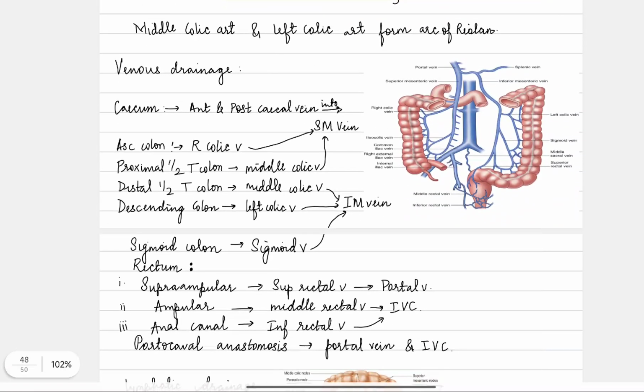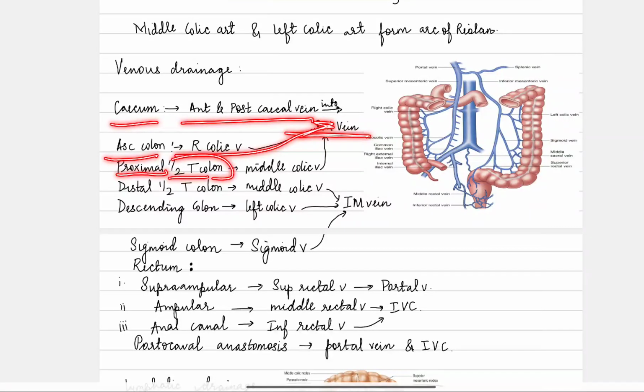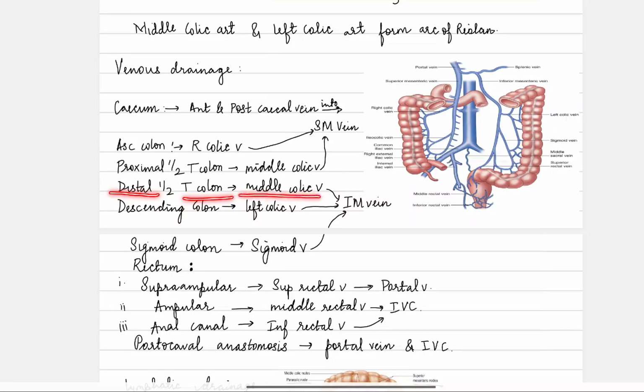Venous drainage is cecum into anterior and posterior cecal vein into superior mesenteric vein. Ascending colon through right colic vein into superior mesenteric vein. Proximal half of the transverse colon drains into middle colic vein to superior mesenteric vein. Now distal half of the transverse colon drains into inferior mesenteric vein.